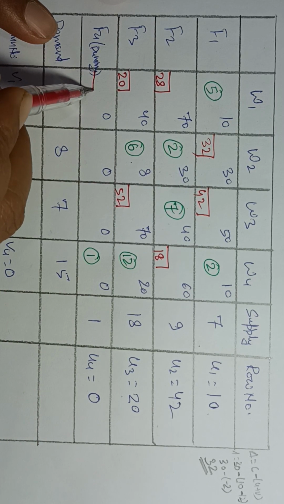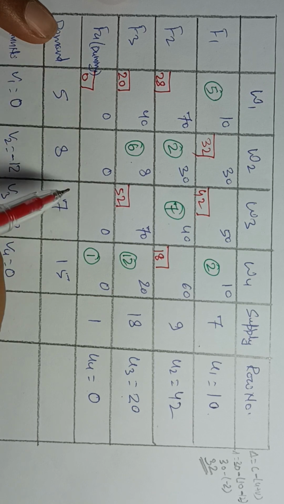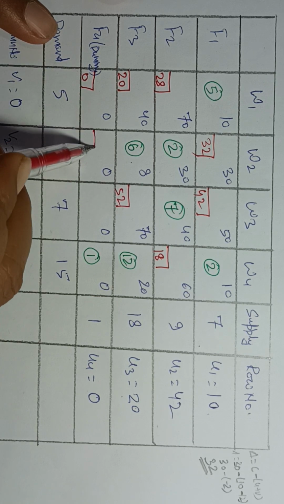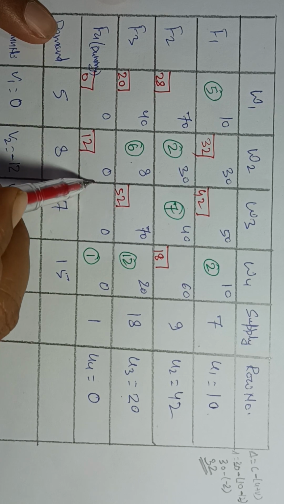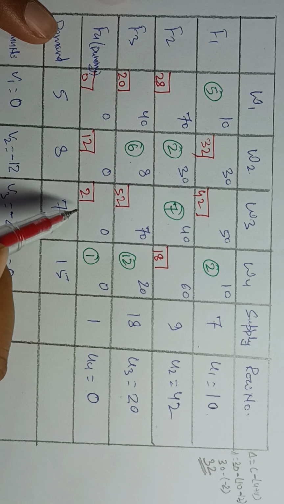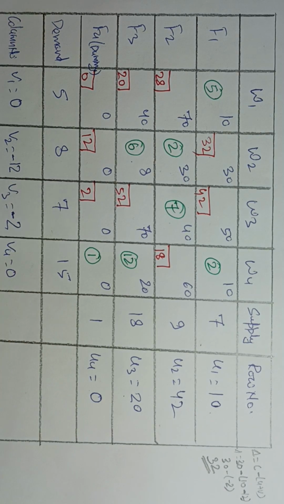For this cell it is 0. For this cell 12. For this cell 2. So like this, what we are finding is that the opportunity cost of not a single unoccupied cell is negative, meaning that all the opportunity costs are positive. So the solution is optimal.